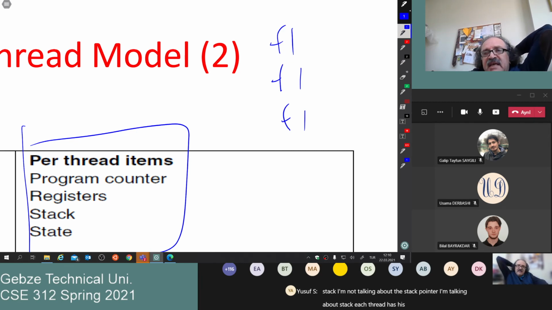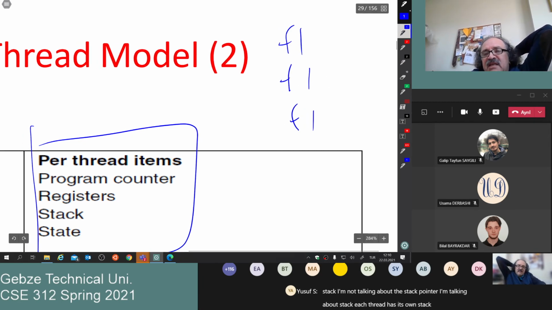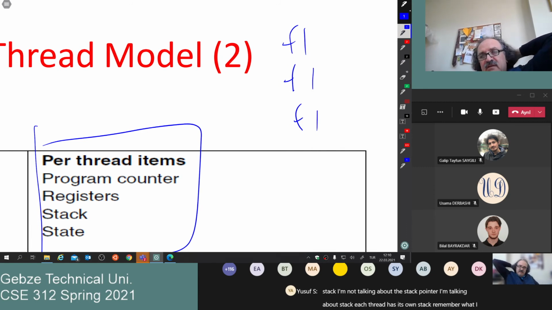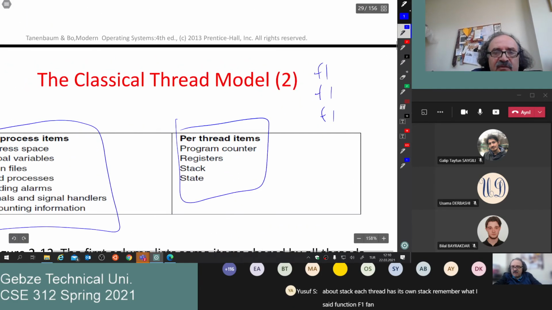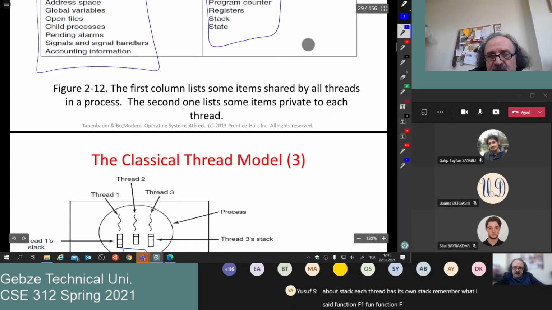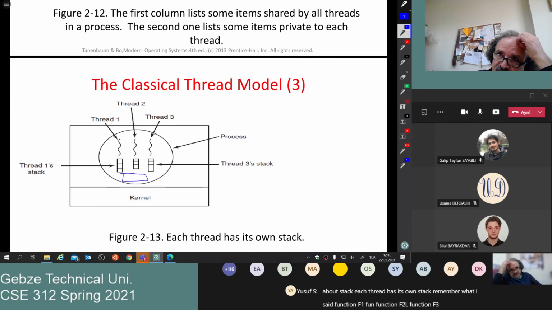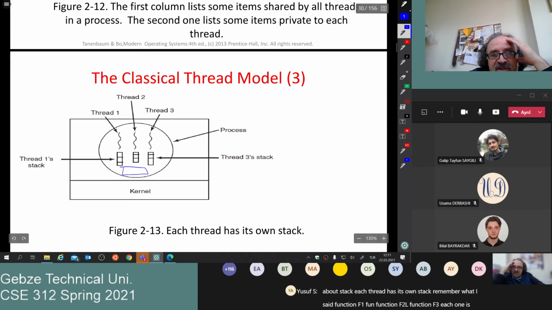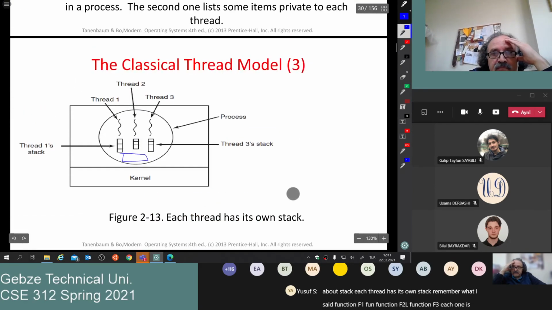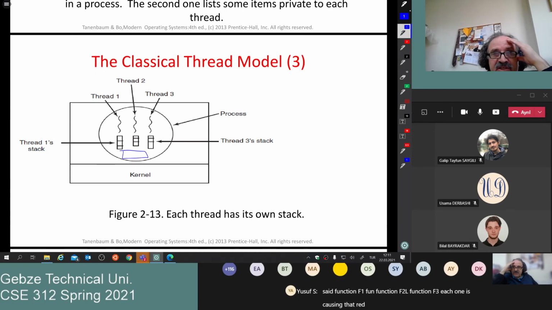When I say I have 3 threads and each one is running function F1, but each one is using a different stack space, that means that they can do whatever they want with their local variables. Their local variables are different, but their global variables are not different. They are the same. They are sharing the global variables. So each function can communicate with each other.